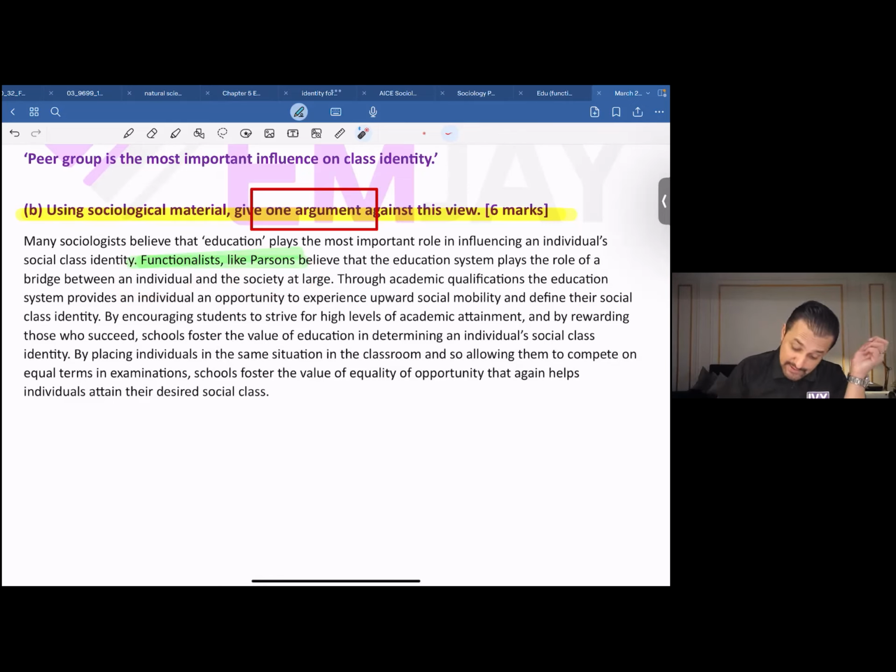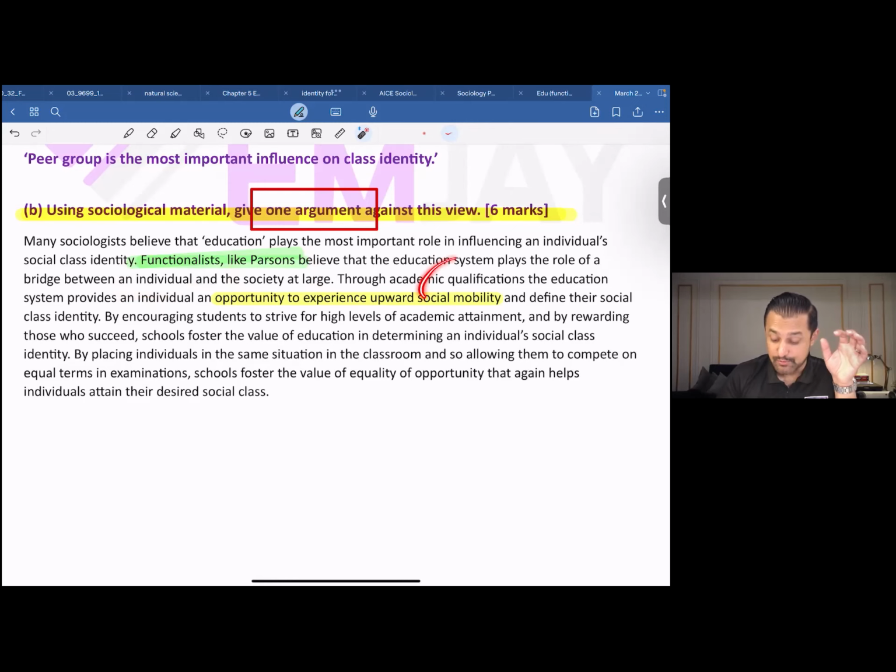So, taking this ahead, through academic qualifications, the education system provides an individual an opportunity. The academic qualifications you have provide you with an opportunity to experience upward social mobility. For the ones who do not know what social mobility means, it is when you're moving up or down the social scale, in other words, when you are getting richer or when you're getting poorer, right?